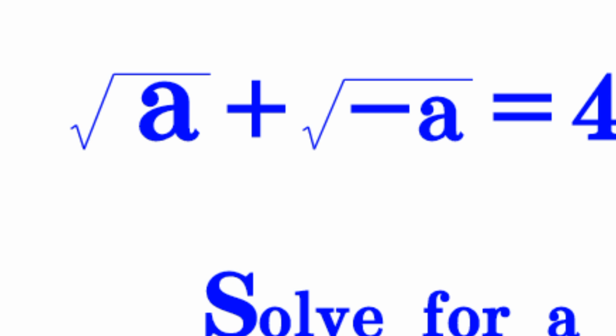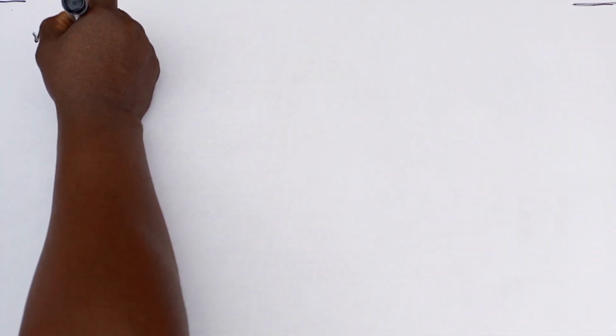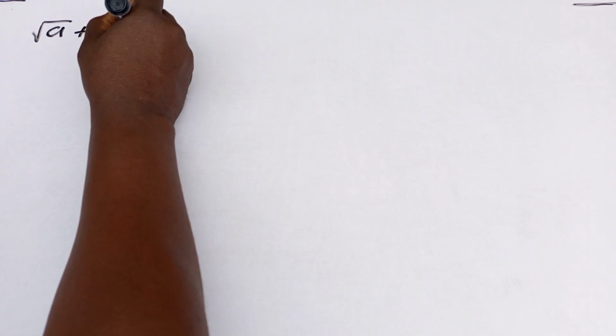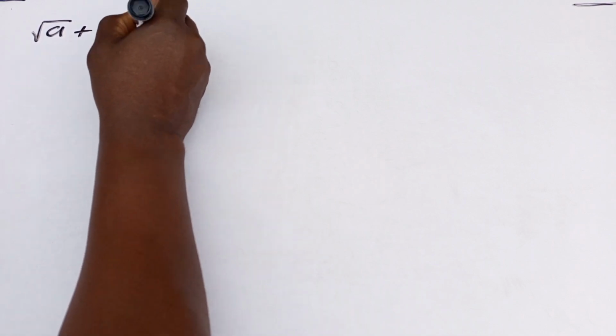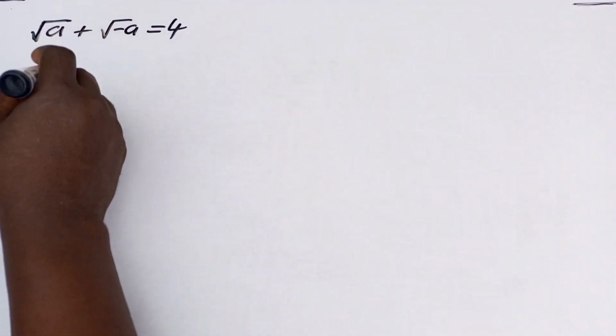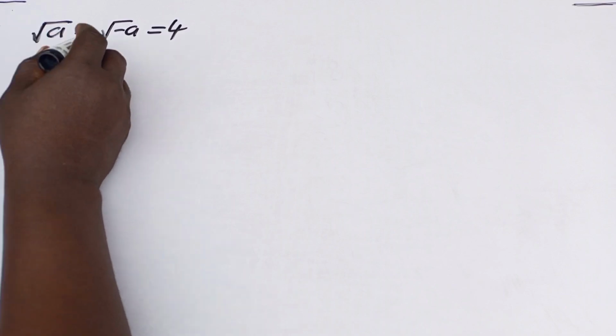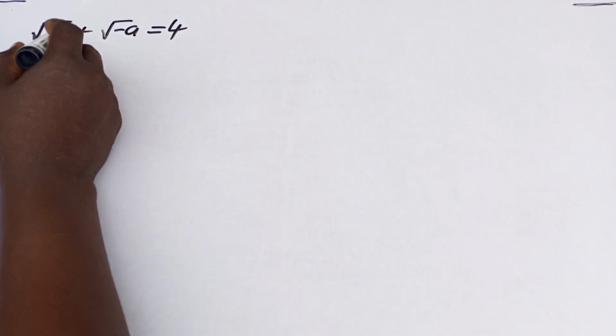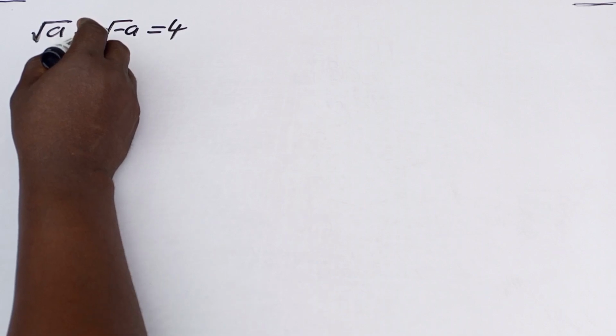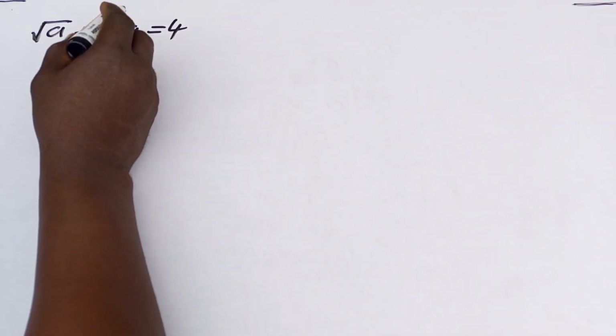Now let's go straight to our solution. Root of a plus root of negative a is equal to 4. From here we can take this root of negative a to the right hand side.